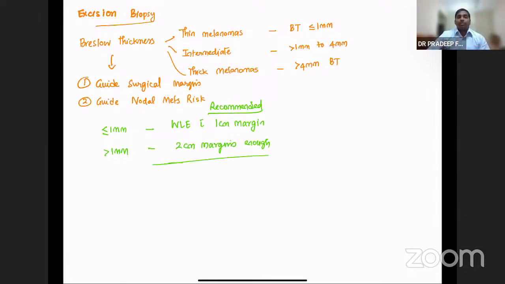This has been brought about by 4 important RCTs that compared the thickness of the melanoma along with the margins, and they have found this is the final inference. Up to 1 millimeter, 1 centimeter margin is enough. More than 1 millimeter, 2 centimeter margin is enough. What is the margin recommendation for melanoma in situ? That is 0.5 centimeter margin is enough.